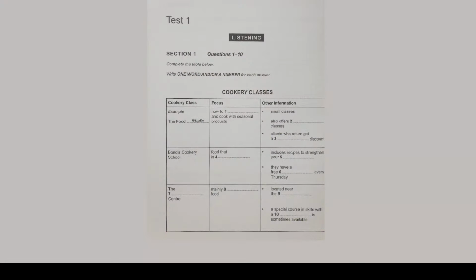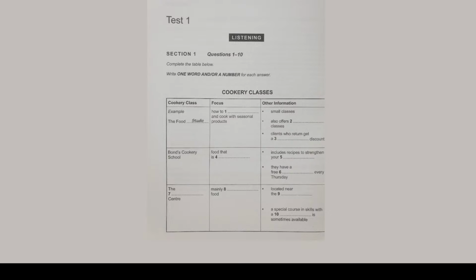Test 1. You will hear a number of different recordings and you will have to answer questions on what you hear. There will be time for you to read the instructions and questions, and you will have a chance to check your work. All the recordings will be played once only. The test is in 4 sections.